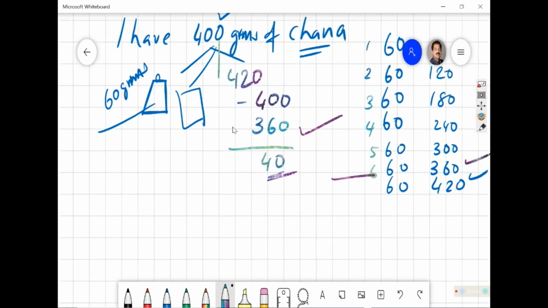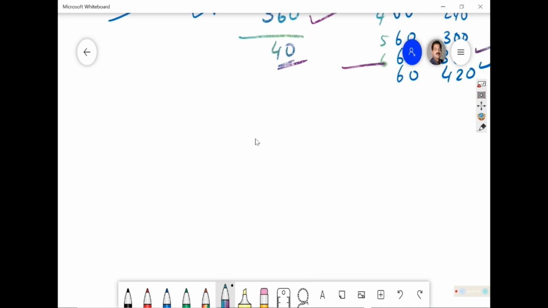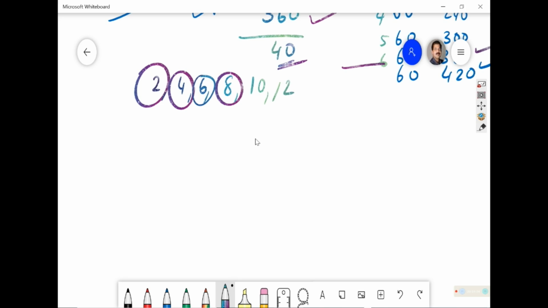So whatever you studied in previous years in the form of multiplication tables and division are of great importance. For example, we know that 2, 4, 6, 8, 10, 12, all these are divisible by 2. That means any number ending in 2, 4, 6, 8 and 0 will be divisible by 2.